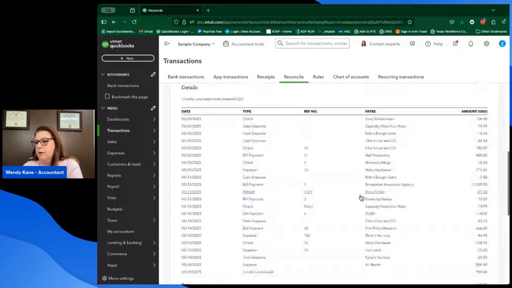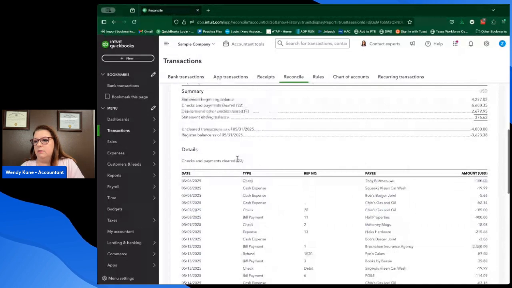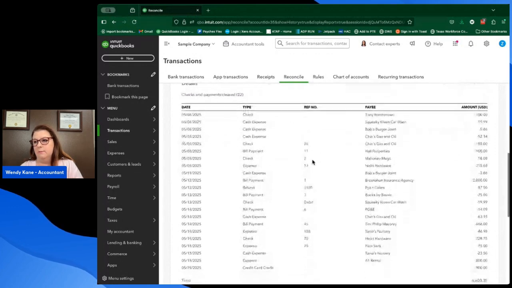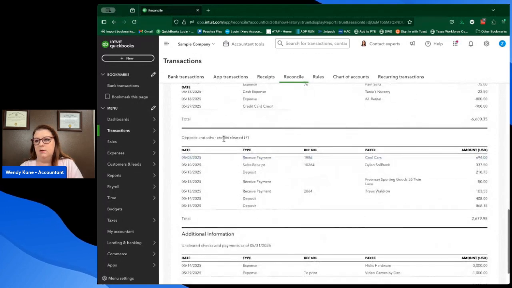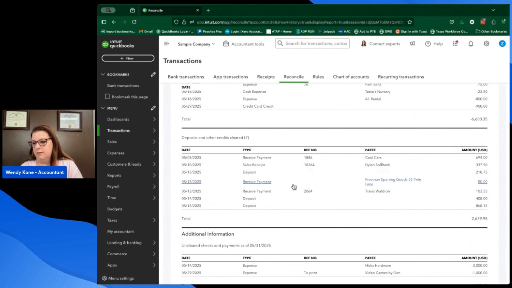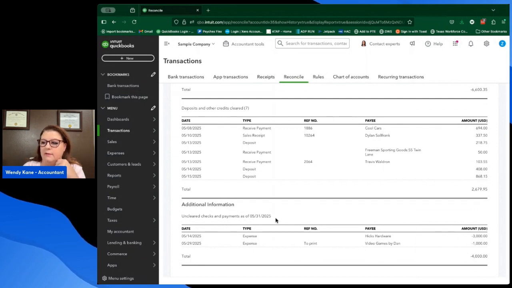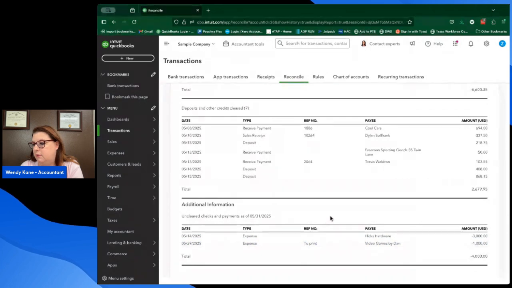But what happened here, if you look, so these are checks and payments that have cleared. Cleared means they showed up on the bank statements. The bank knows about them. So we go down here. Deposits and other credits that have cleared, those are deposits that showed up on the bank statement. Okay, if you go down here and look at this, uncleared checks and payments as of May 31st, these two expenses are in QuickBooks, but they did not clear the bank.